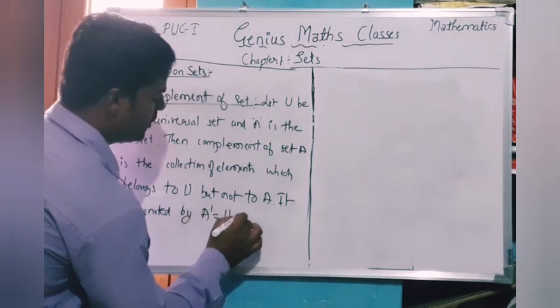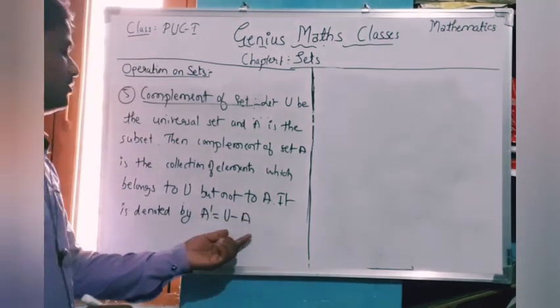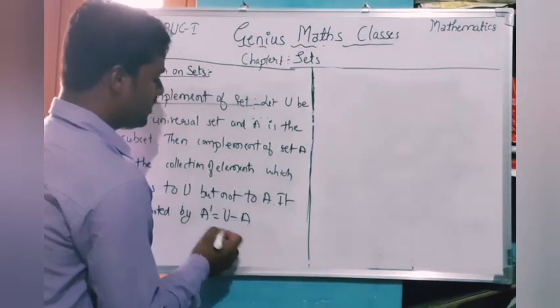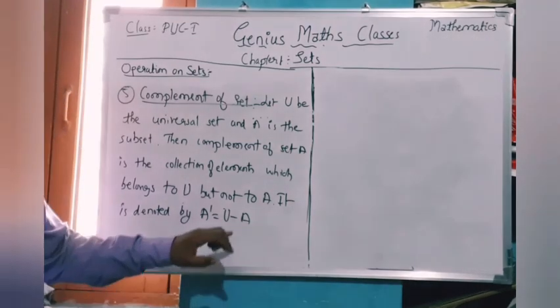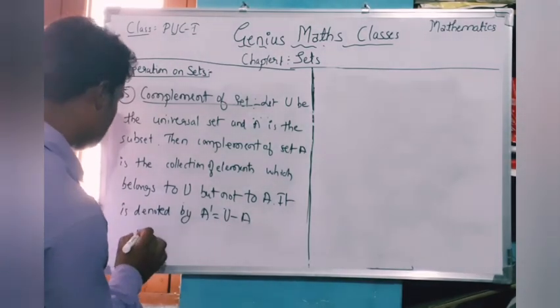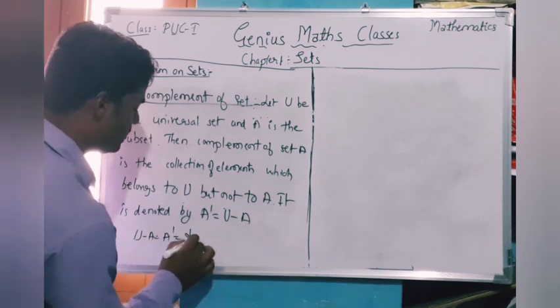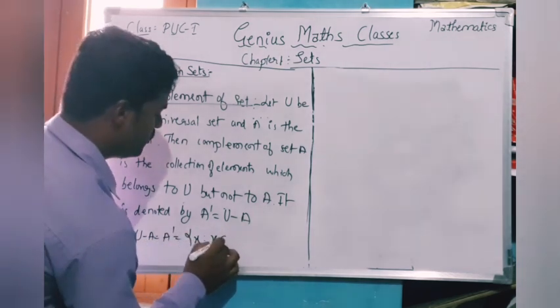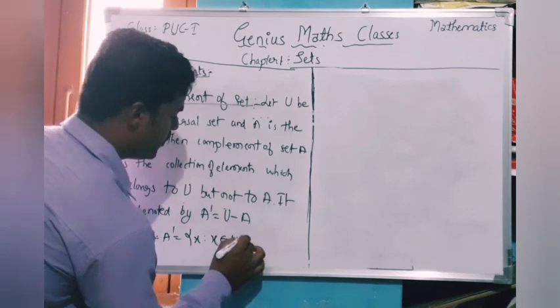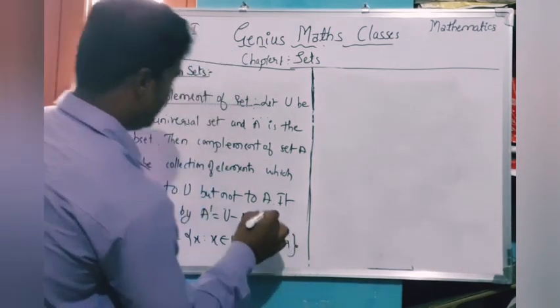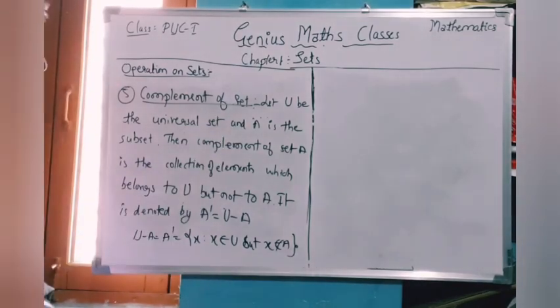That is nothing but U minus A. So the difference between U and A is the complement of A. U minus A, that is A dash, is the set of X such that X belongs to U but X does not belong to A. This is the complement set.